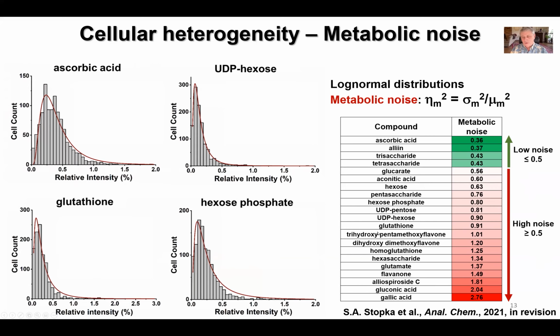One can wonder about the origin of these differences. One hypothesis is that low and high metabolic noise may have to do with the tightness of the regulation of that particular metabolite in the metabolic pathway network.